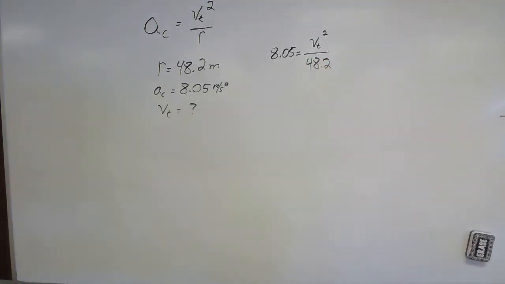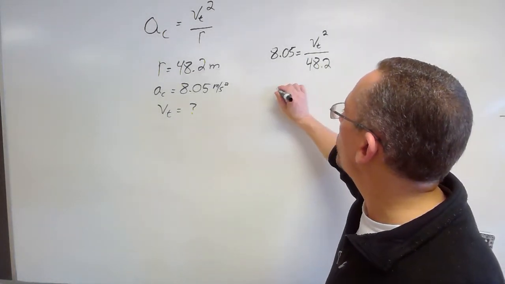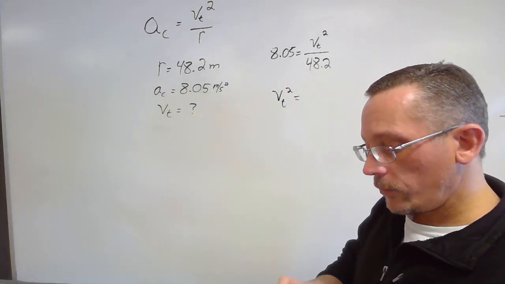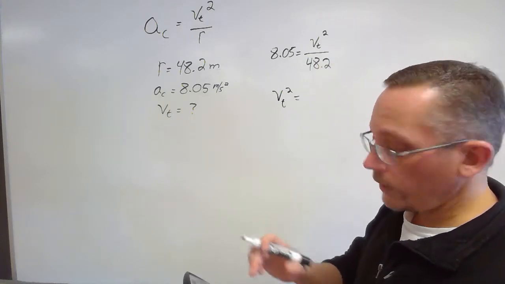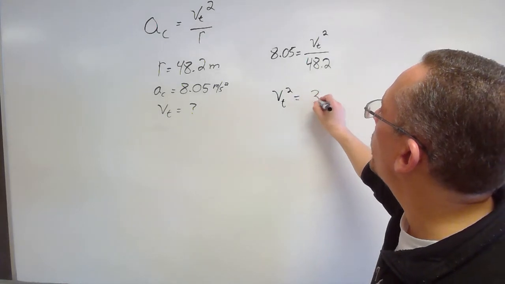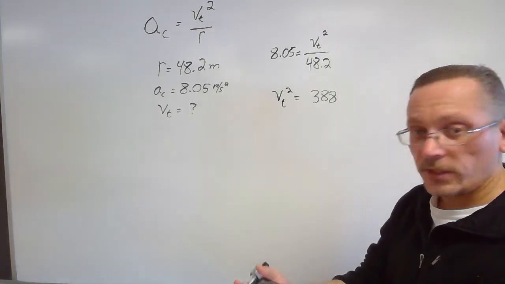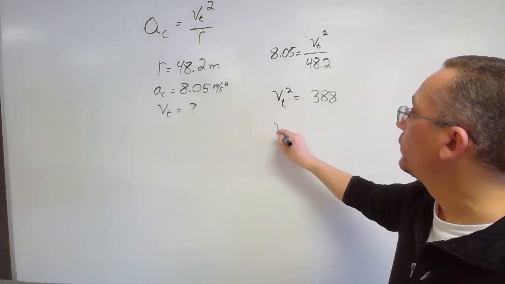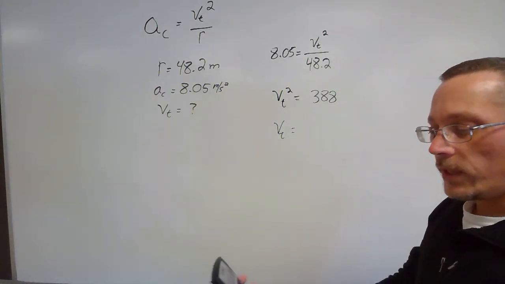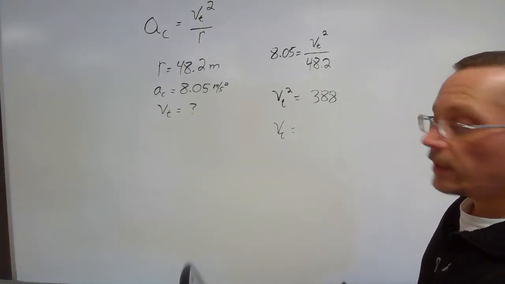Let me get my calculator, and we will multiply this 48.2 to the other side of the equation. 8.05 times 48.2, three significant figures, I'm going to round that to 388, and that's v_t squared. So, to solve the equation, I'm going to take the square root of both sides. So v_t would equal about 20, and I need 3 significant figures. So here I got 19.7.